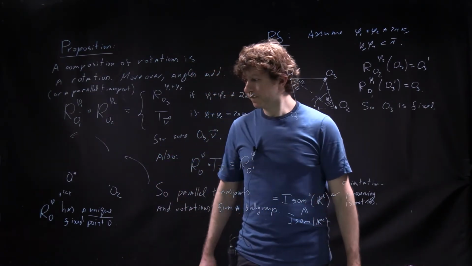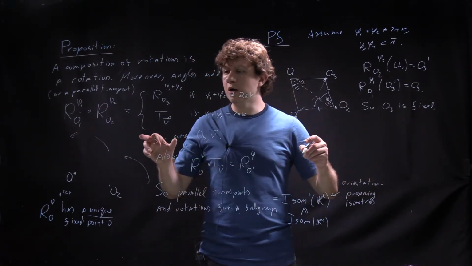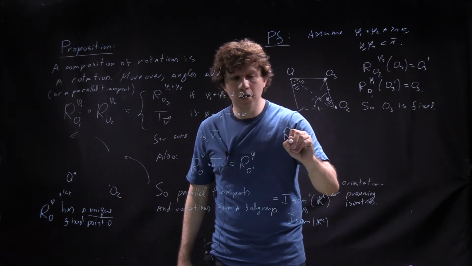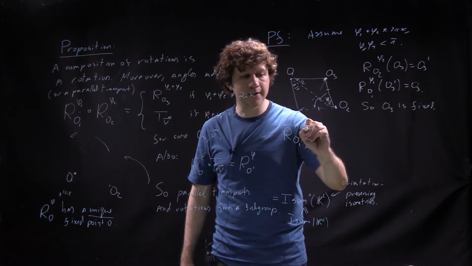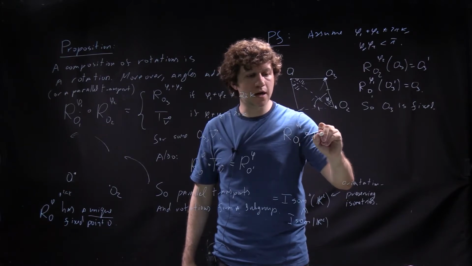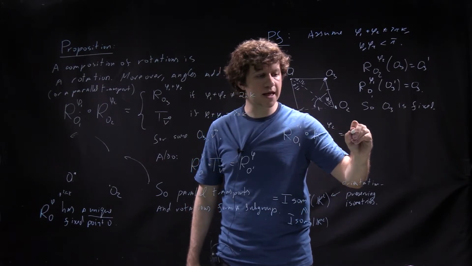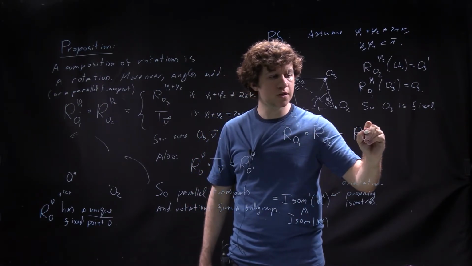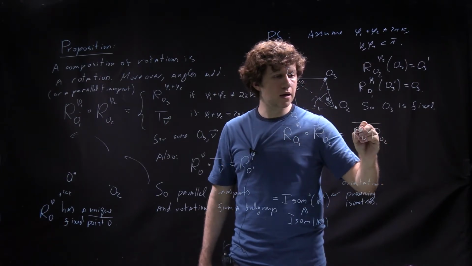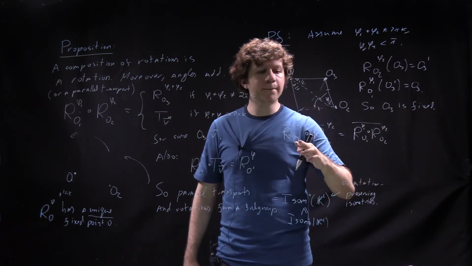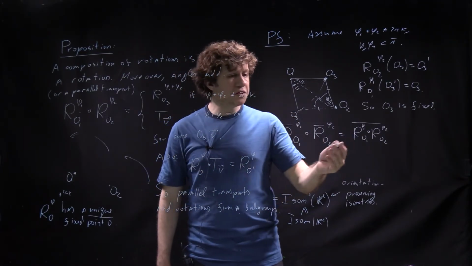That's actually very simple, because if I now think about R bar O1 phi1 composed with R bar O2 phi2, which is exactly what the composition does to vectors, then when you compute the composition applied to vectors, not points, you don't need to think about the origin.